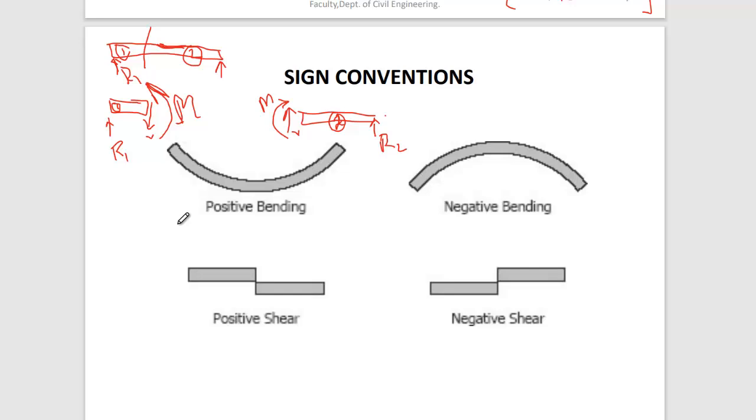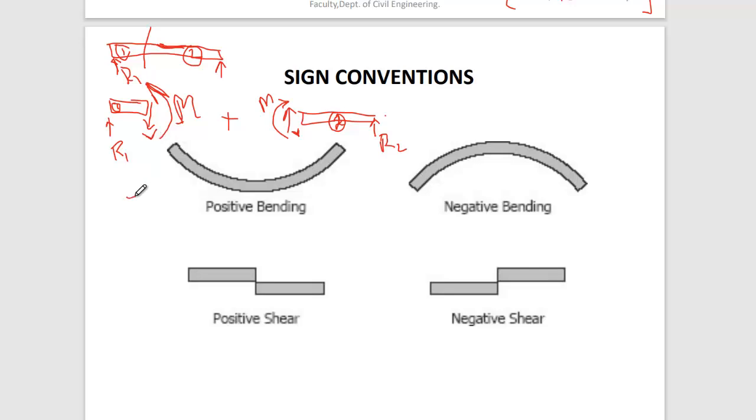From the equilibrium conditions, we know whatever the value of V on this one, it should be equal and opposite to this one. If you add these two V values, it will make 0.